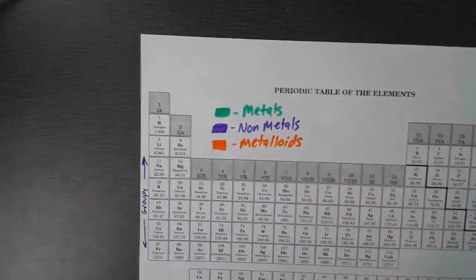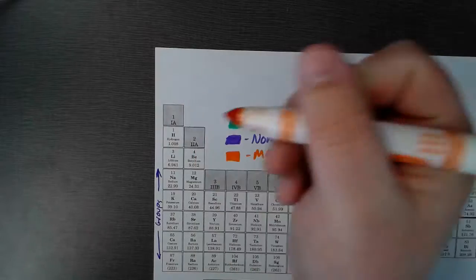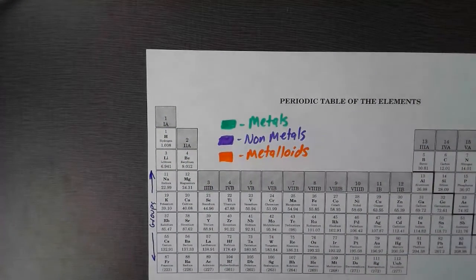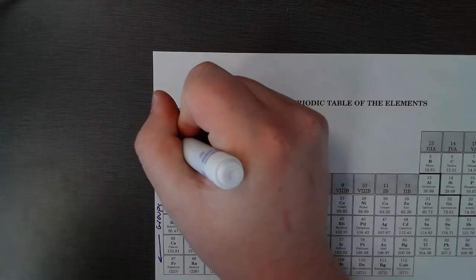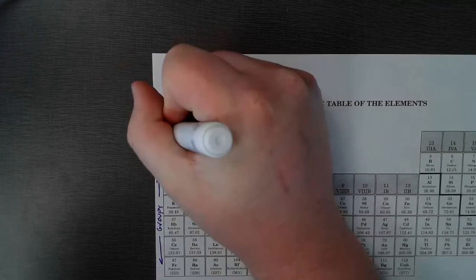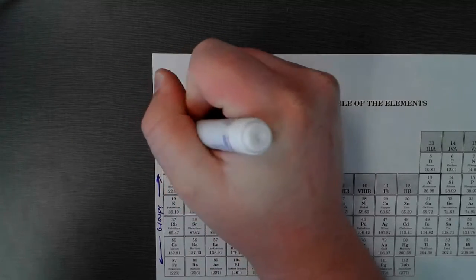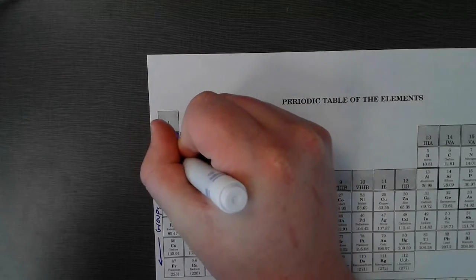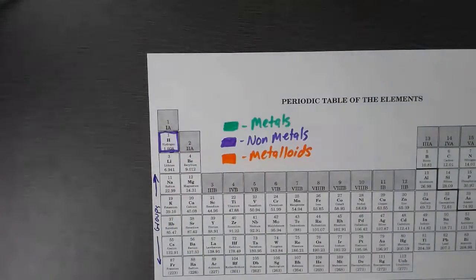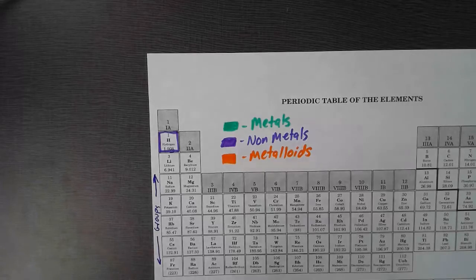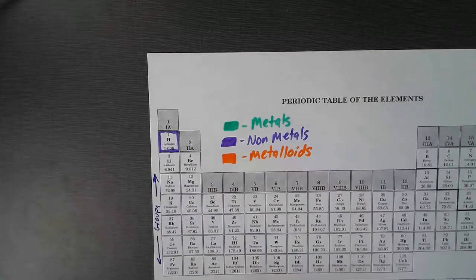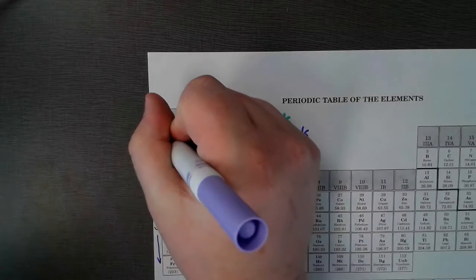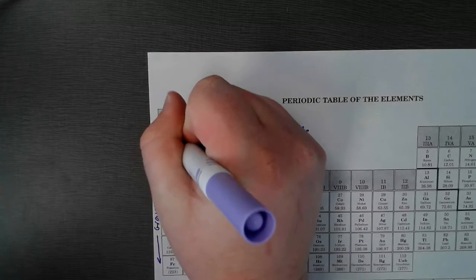Hydrogen on this side, right here, is a nonmetal. So I will be coloring in hydrogen. It is a nonmetal. It is over here because this group right here is the most reactive metal group.